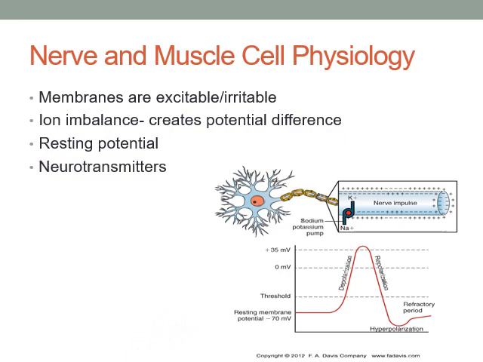Neurotransmitters are essentially the chemicals that pass information on to the nerves. When that potential changes, that process is called depolarization. When a nerve is responding to a stimulus, it's called depolarization.